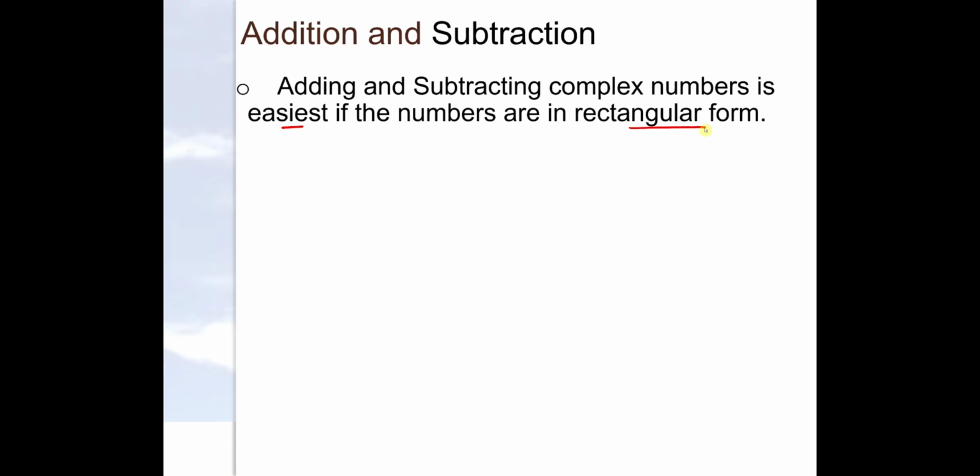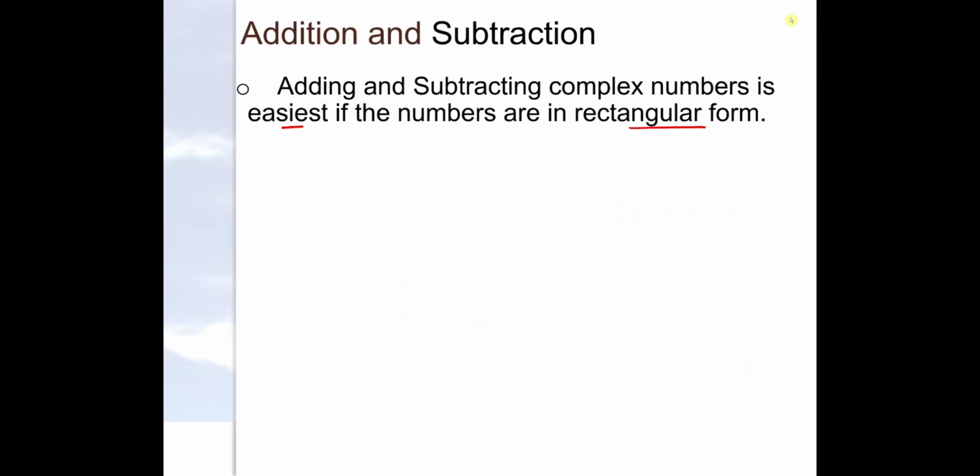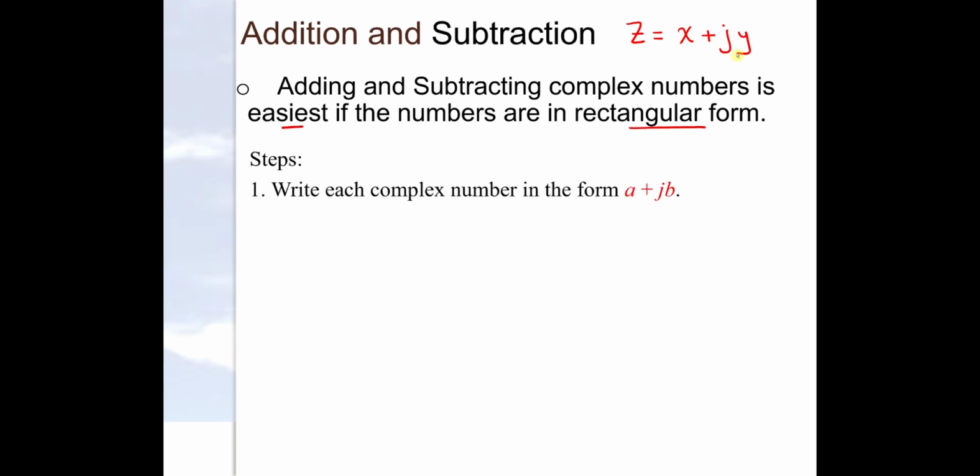To remind you, in the rectangular form, a complex number z is represented as a real part x and an imaginary part y. So now if I have two numbers I'd like to add or subtract, step number one, write each complex number in the rectangular format.